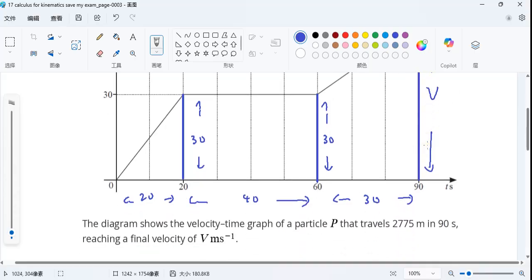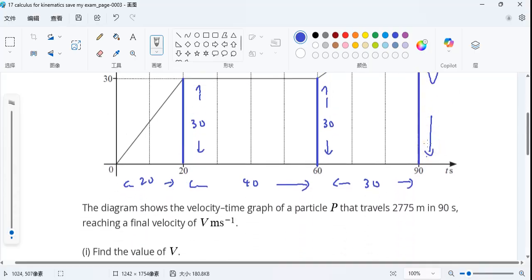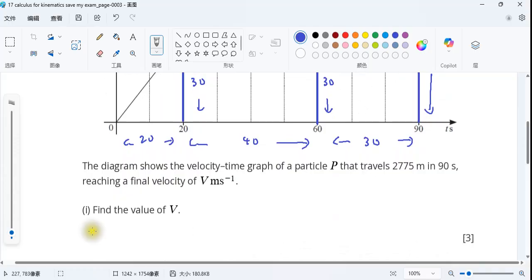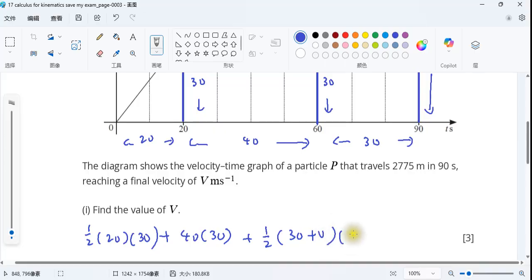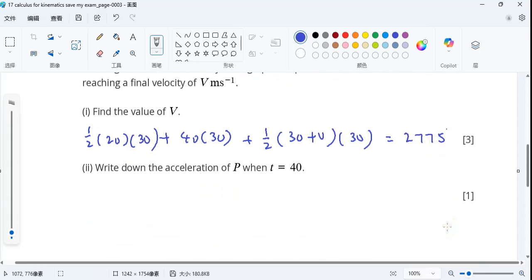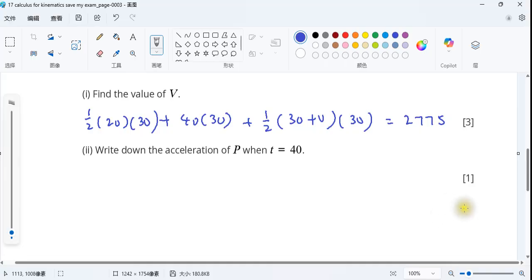So we have half times 20 times 30 plus 40 times 30 plus half times 30 plus v times 30 equals 2775. Then we can find the value of v.